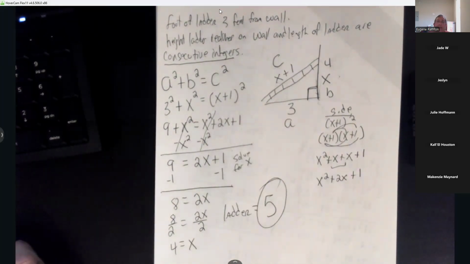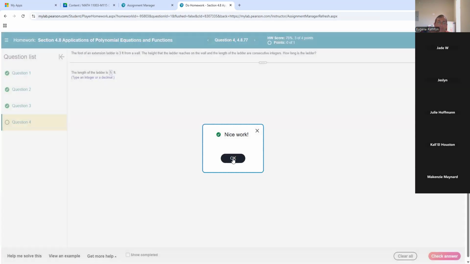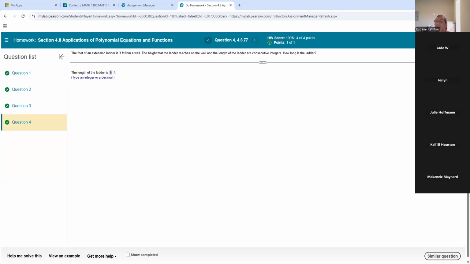So you would go back to your ladder, put in 5, and then check that answer. All righty, y'all. So that was 4.8. And it was just mainly dealing with the Pythagorean theorem, okay?